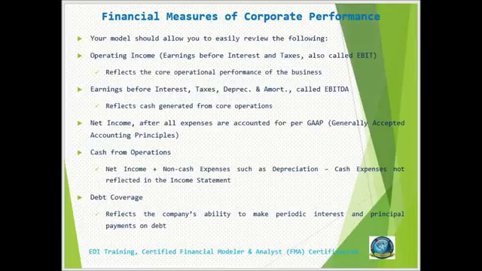What is the net margin, which is the net income as a percentage of revenue? What is the cash from operations? How much debt is this company taking on, and can this company comfortably pay off the debt? So there are a whole bunch of performance parameters that should very easily leap out of your model, perhaps in a summary dashboard for decision makers to get a sense of whether this model is realistic.